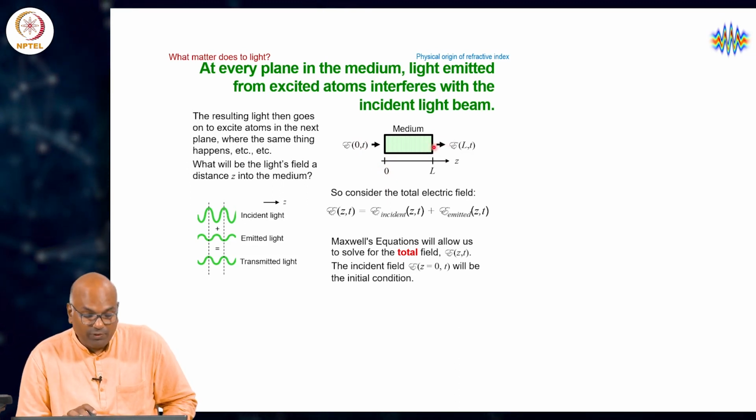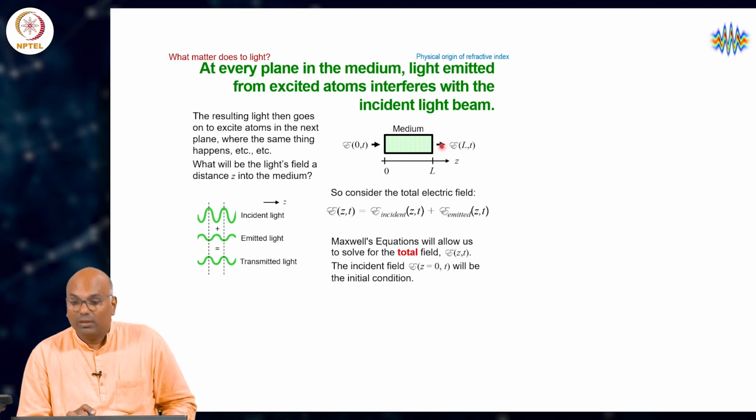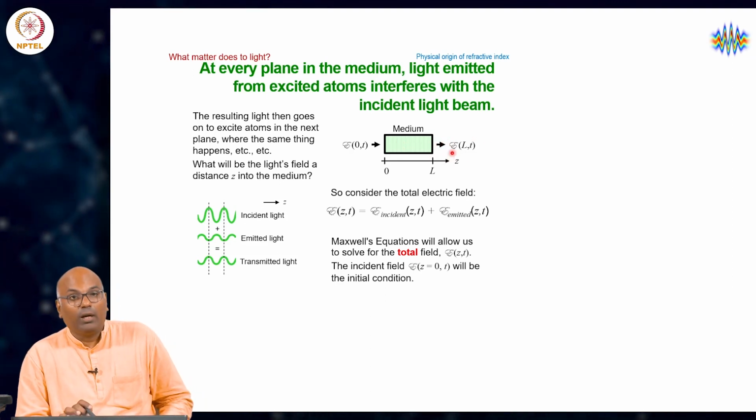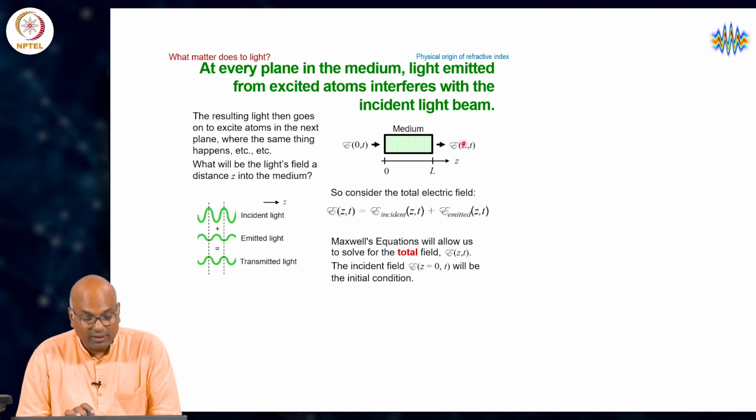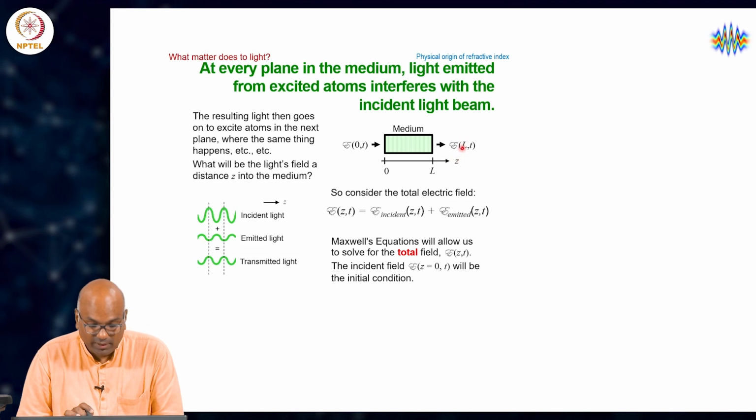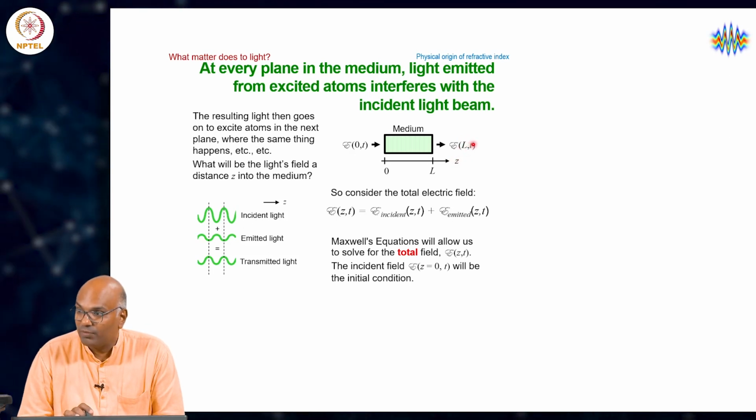We are often interested in knowing the consequence of this medium of length L, leading to a modified electric field at z equal to L as a function of time t.